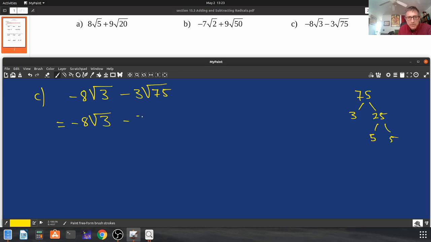So it's minus 3 times square root of 25 times 3. It's minus 8 times the square root of 3 minus 3 times the square root of 25 times the square root of 3. Well, the square root of 25 is 5, and the square root of 3 can't be simplified.